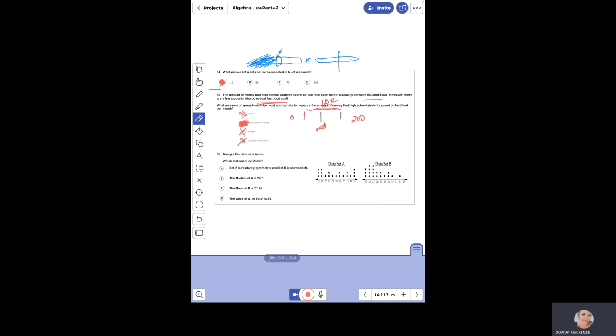So if you looked at data set B, this one here, if you had absolutely no idea what skewed left and skewed right was, you would guess that data set B is skewed left, okay? Because the dots are up here and it's more that way on the left. And that would be incorrect. I said it's probably the opposite of what you think. So what you want to do is if you start at the beginning, draw a line.